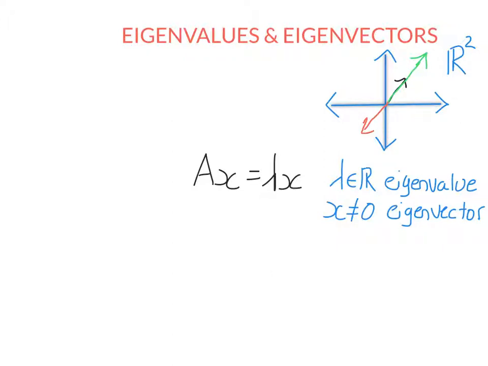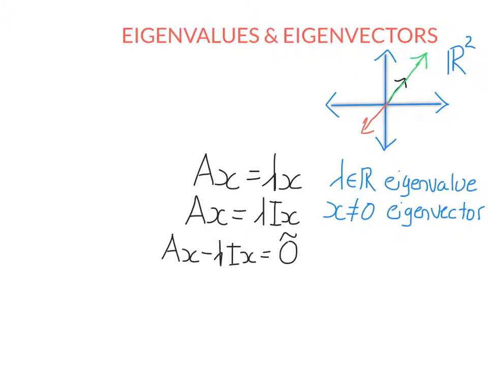Okay, so how do we go about solving this equation? Well, remember, when I multiply by I, the identity matrix, it doesn't change what I started with. So I can put an Ix in here because x and Ix are the same. Then I can subtract the right-hand side from both sides of the equation to get this. Now I get 0 on the right-hand side, but it's actually the zero vector.